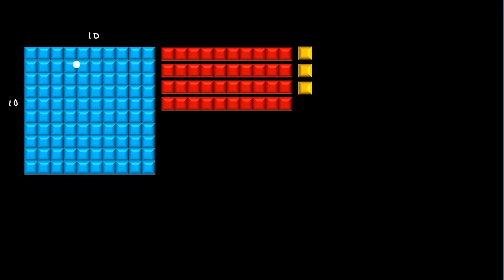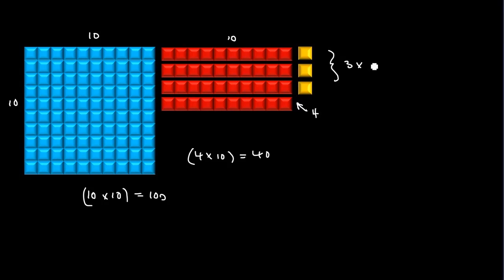And that's not going to change, that's invariable, that's constant. Here we've got 10 again, and we've got 4 rows, so 10 times 10 equals 100, and here we've got 4 times 10 equals 40, and here of course we've got 3 times 1 giving us 3.